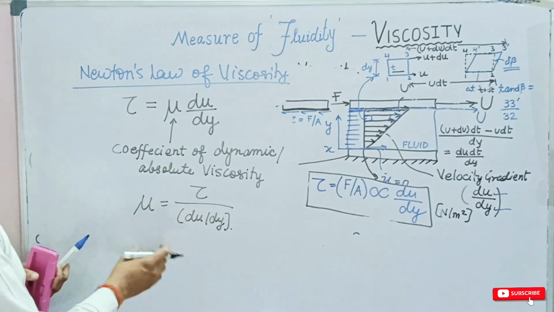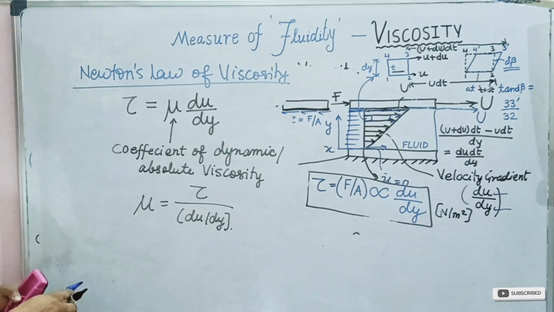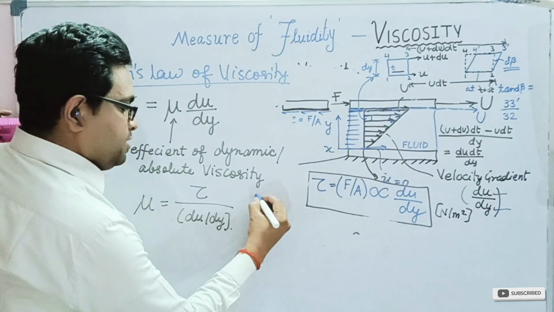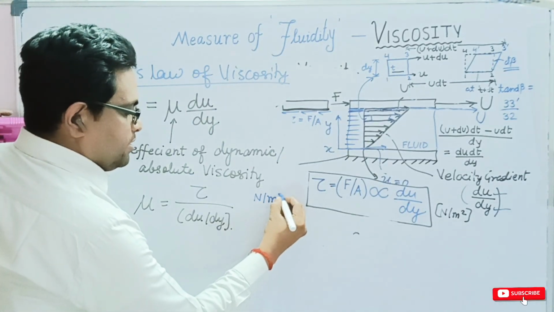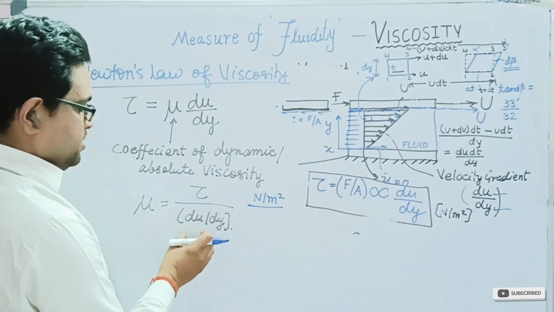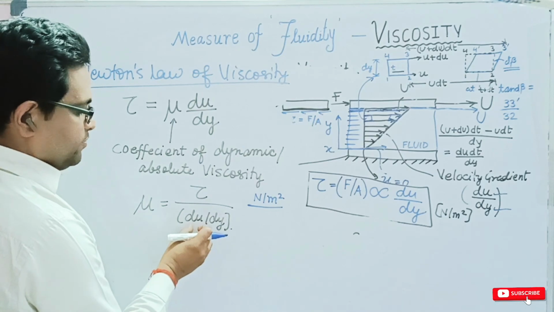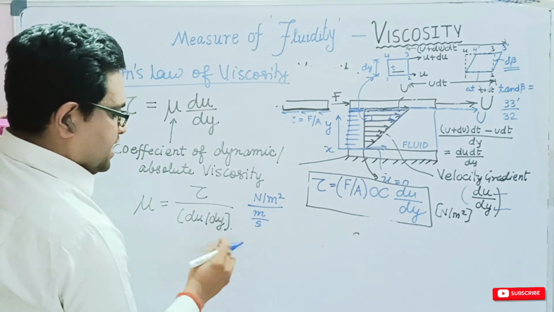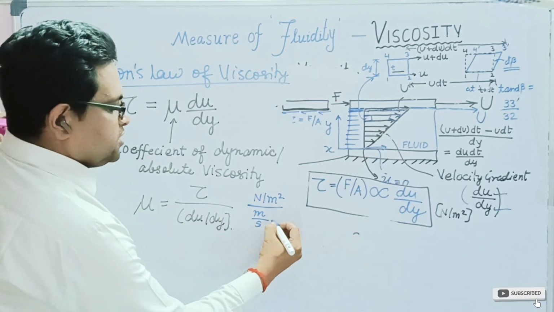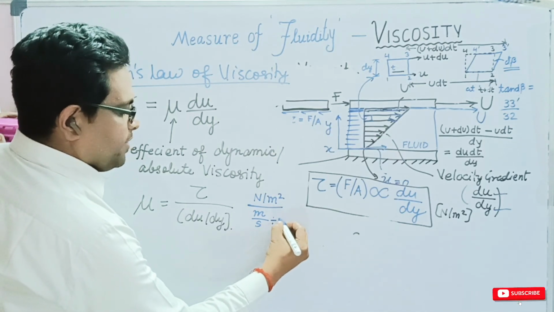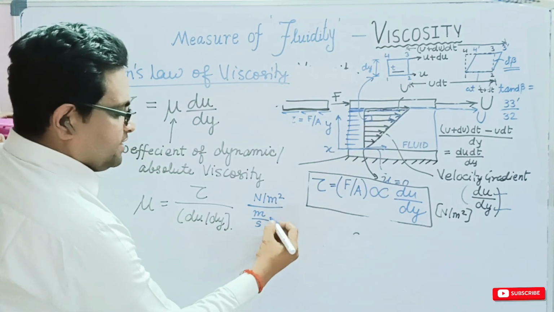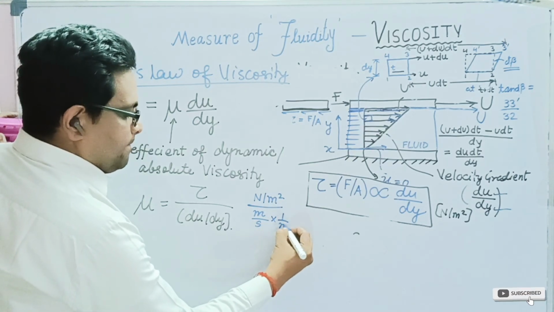Now let us try to find out what will be the SI unit of mu. We know that for tau we have Newton per meter square, and for du upon dy, for velocity we have meter per second, and dy is the distance, so here we will get divided by meter, or we can rewrite this as 1 upon meter.